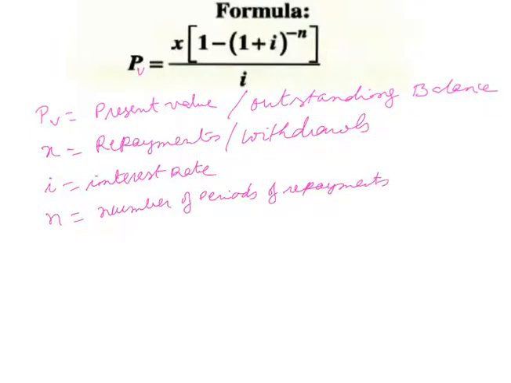So in other words, these are the number of repayments that are still to be made, or outstanding, or payments left. The balance number of payments is n.